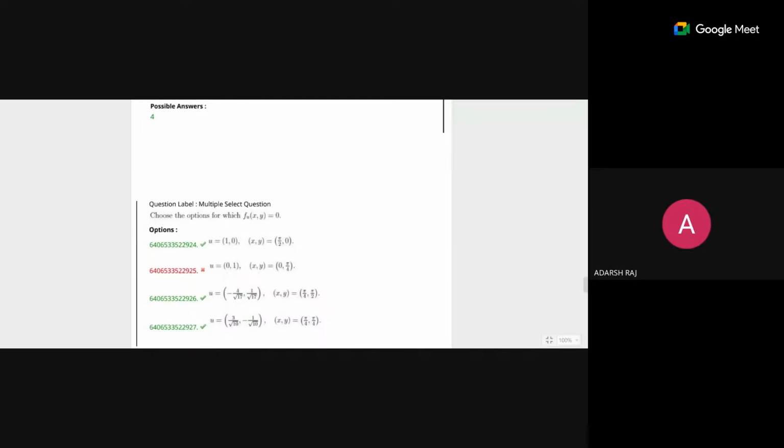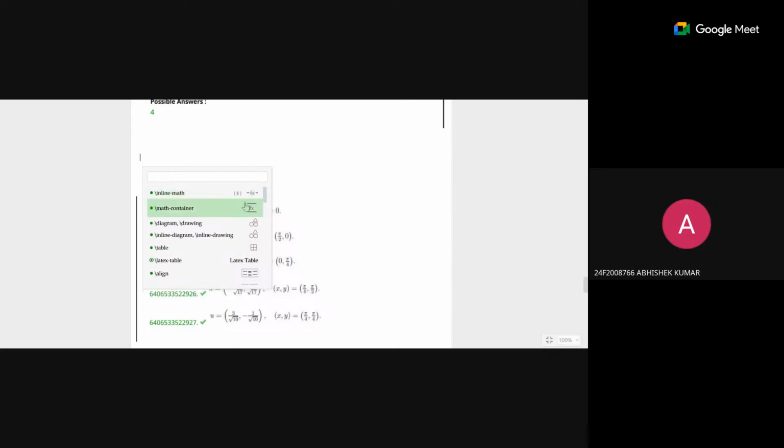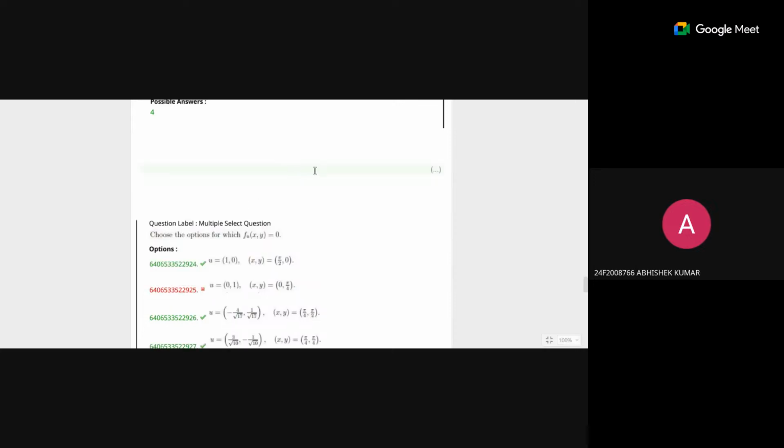So this is our final function, this one. And the question is asking, choose the option for which the directional derivative at x comma y is equal to 0. Directional derivative means we take the dot product of the gradient with a unit vector.